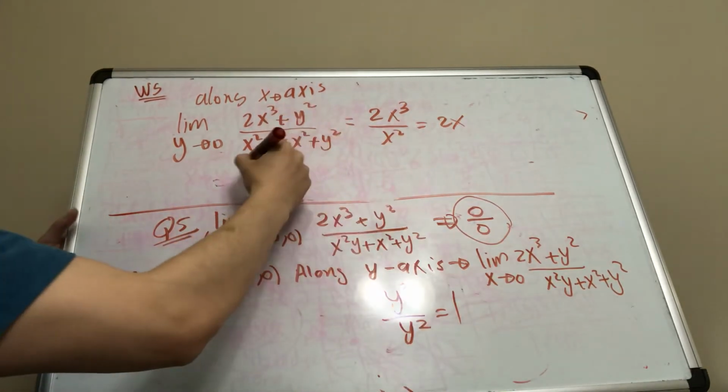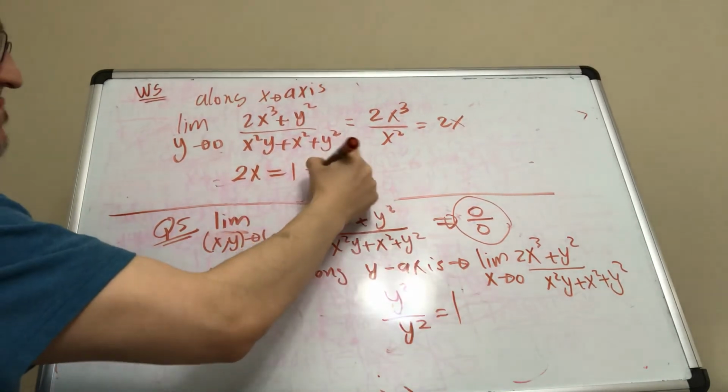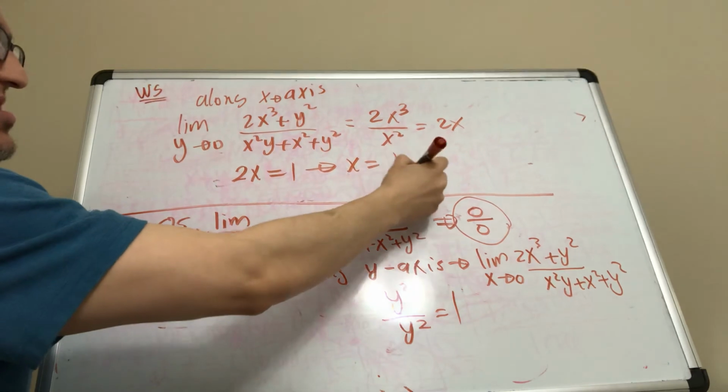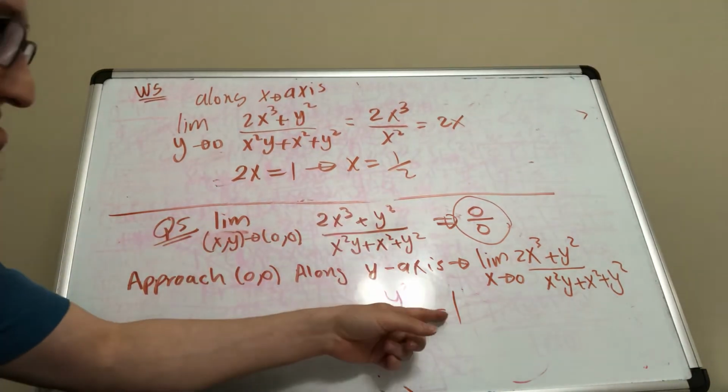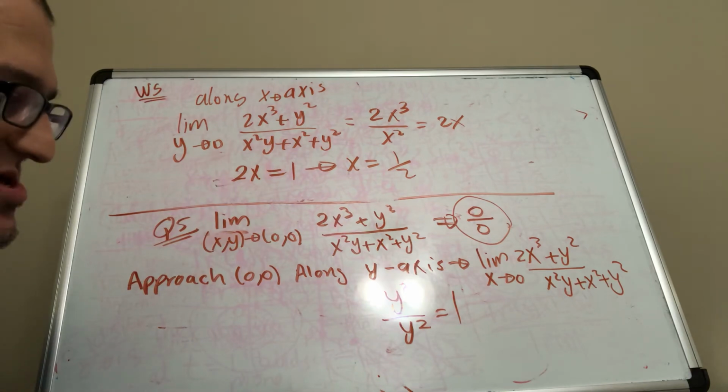So you have 2x equals 1, making x equals half. Because this limit is 1, this limit is... So the answer would be half if you do it.